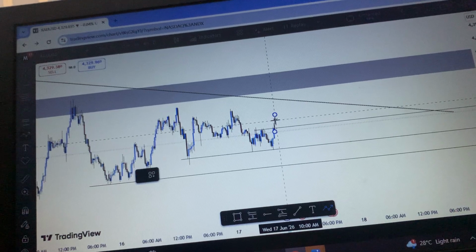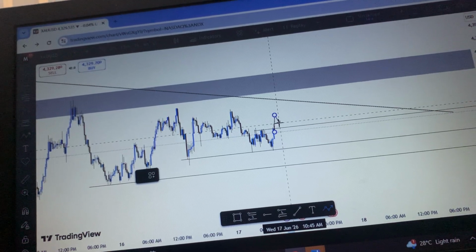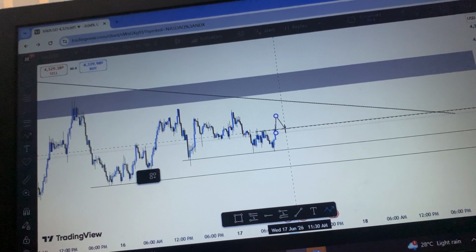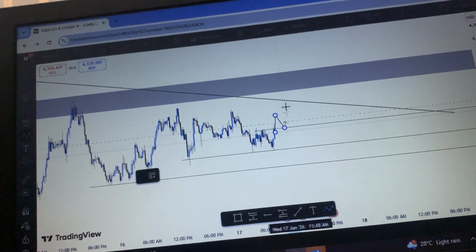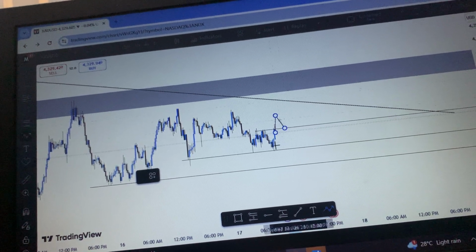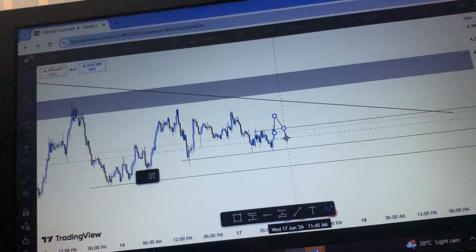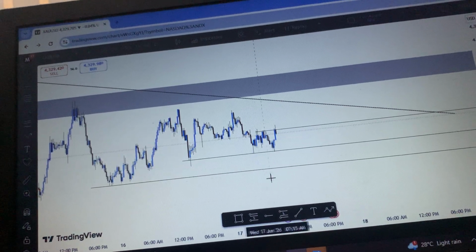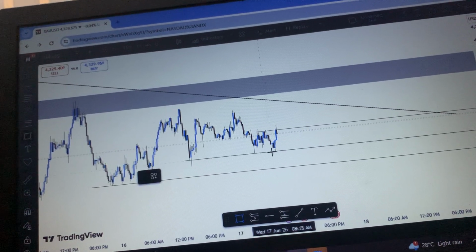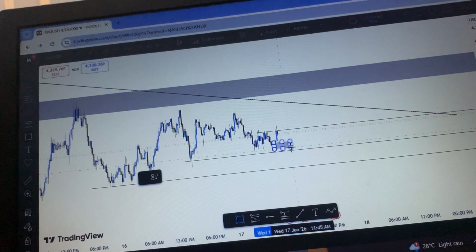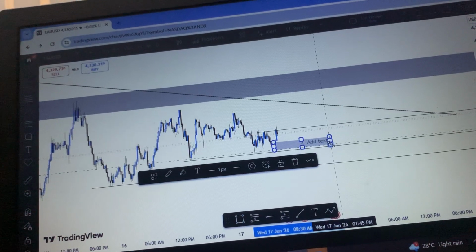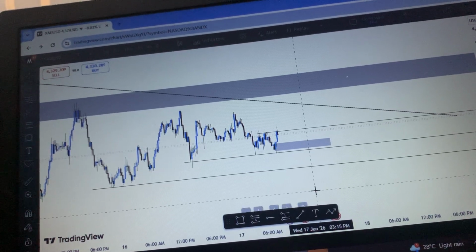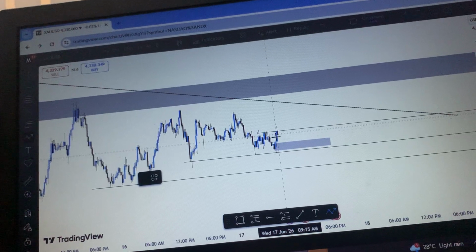But if we see a clear body candlestick breakout, then we can expect the market to do a retracement, and then we can take the continuation of the buy. Or you can drag your POI and wait to see if the market comes back.